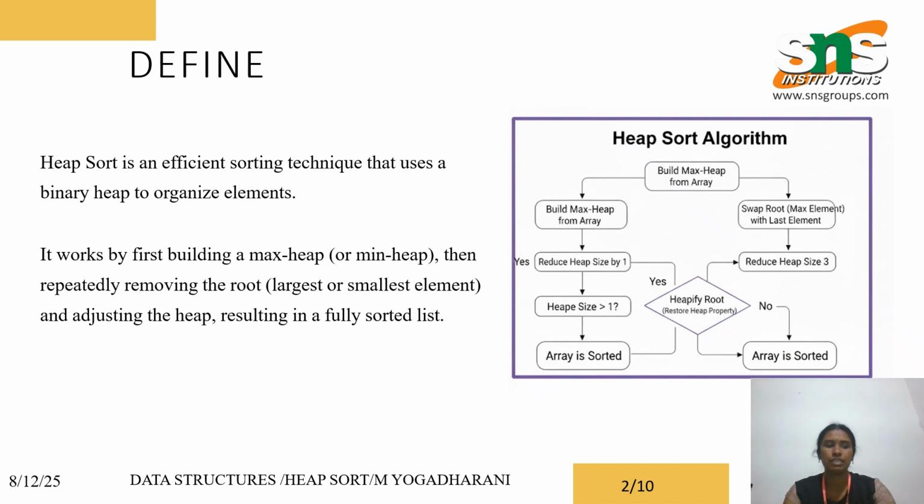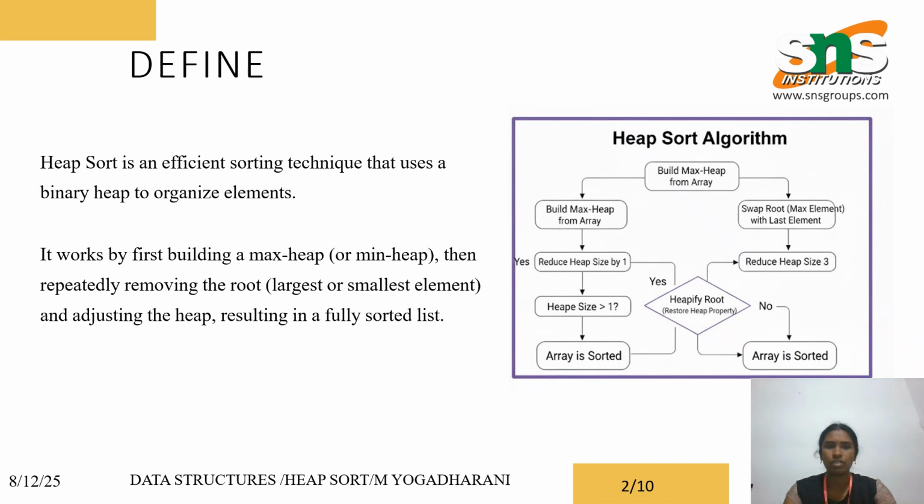The next step is to extract an element, that is, remove the maximum element from the root node and place it at the end of the array. The main advantage of heap sort is heapify, which restores the heap property by heapifying the reduced heap. Finally we get the sorted array.